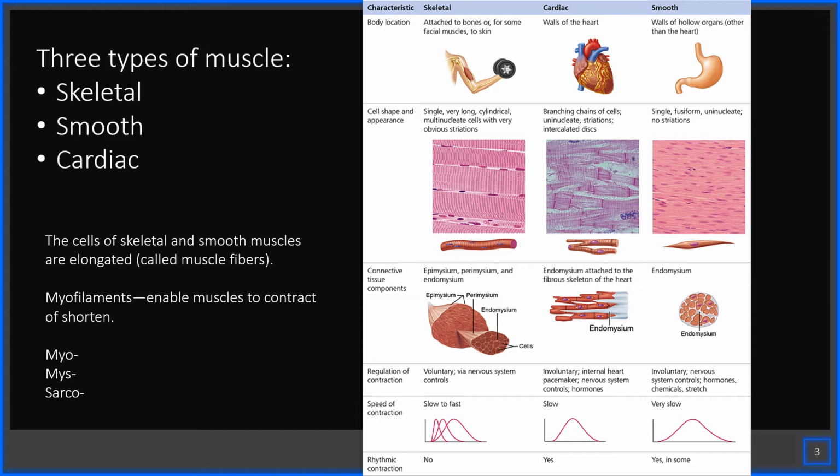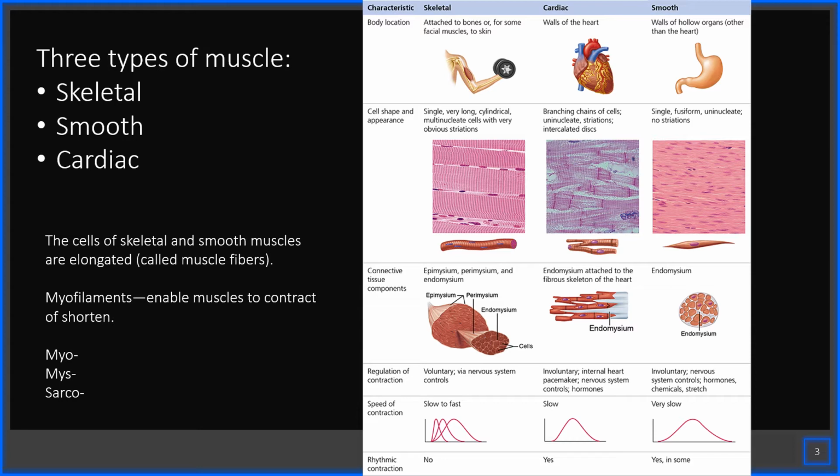The heart has an internal pacemaker, which again we'll learn more about in our cardiac chapter, but it also has nervous system controls and hormones that affect it. Smooth muscle is involuntary. Nervous system controls, hormones, chemicals, and stretch determine the movement or the utilization of those muscle cells.